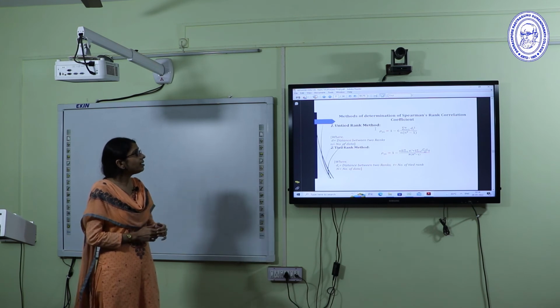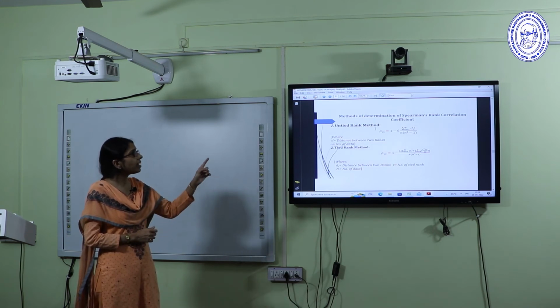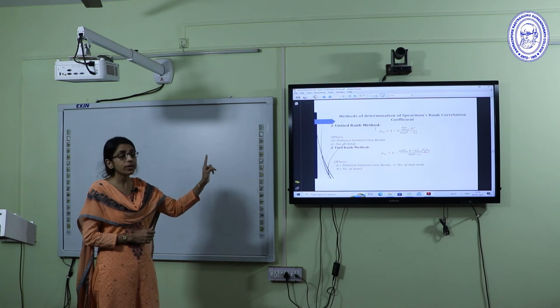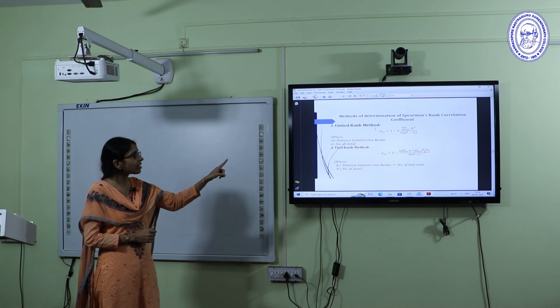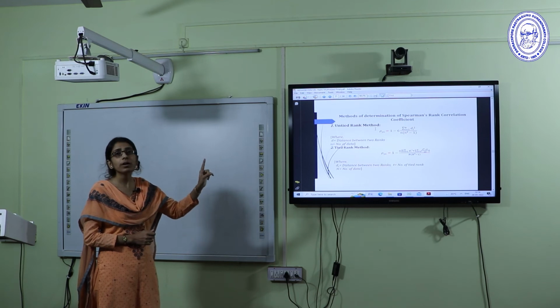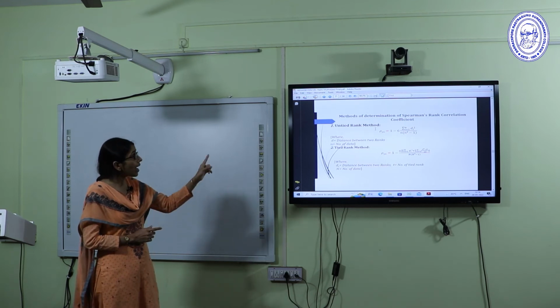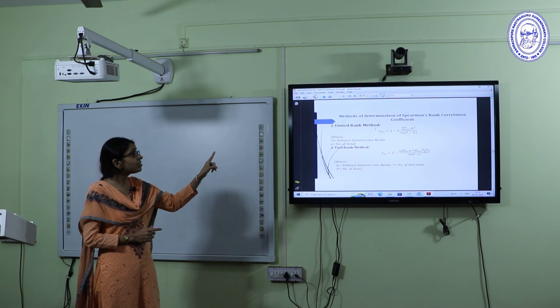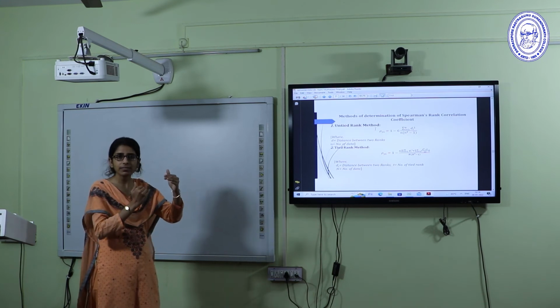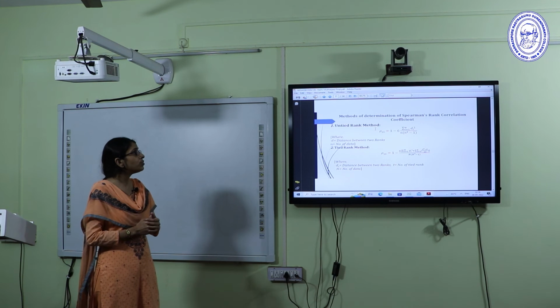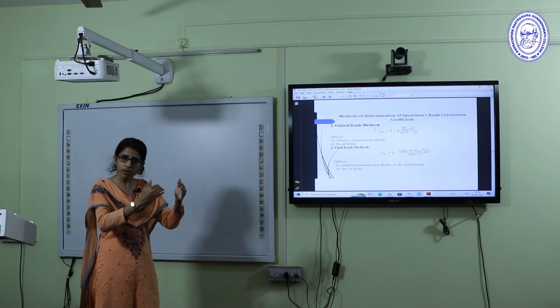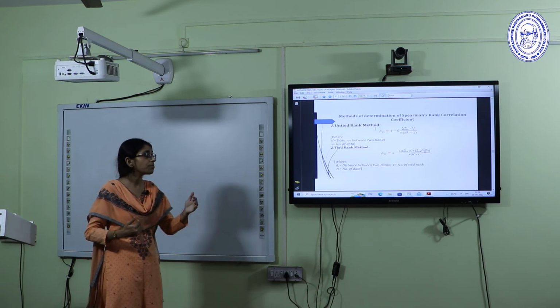In the case of the untied rank method, it is defined as rho, a Greek letter, rho y upon x equals 1 minus 6 summation of di square divided by n into n square minus 1, where d is the distance between two ranks and n equals the number of data or your number of observations.